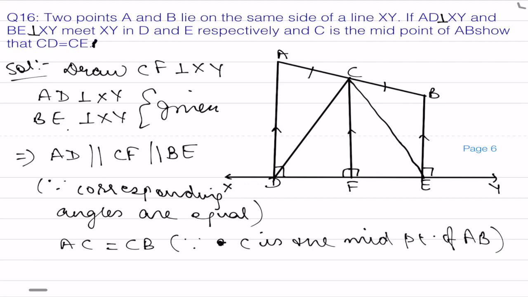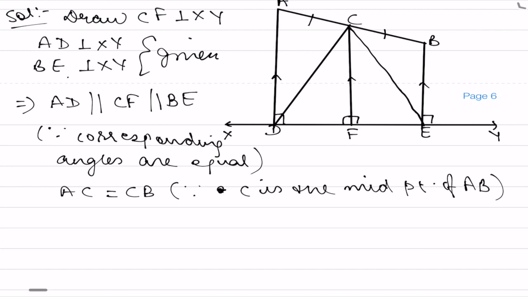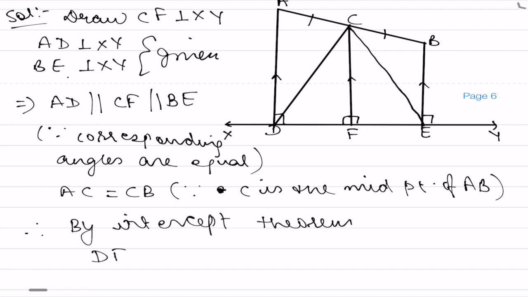Now children, if we see, the 3 lines are parallel and the transversal AB is making equal intercepts with all the three lines. That means the other transversal XY, or you can say DE, will also make equal intercepts. Therefore, by the intercept theorem, DF is also equal to FE.